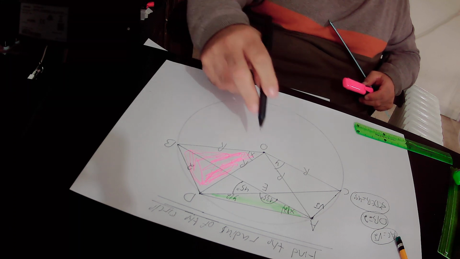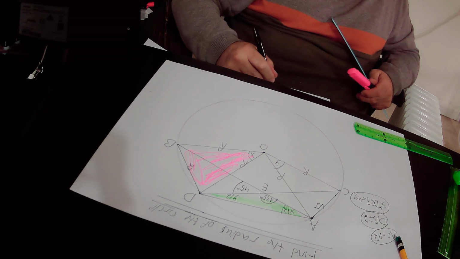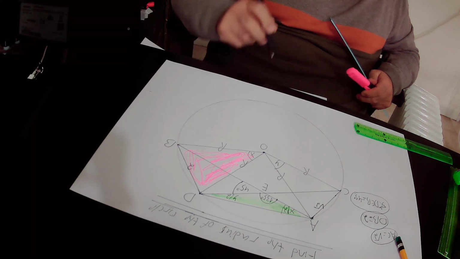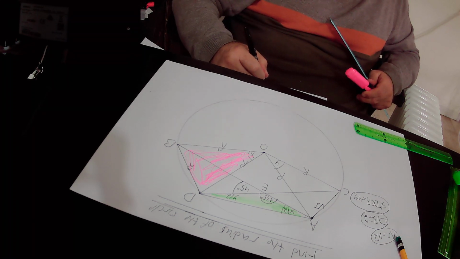So it is r squared plus r squared minus 4 over 2 times r times r.